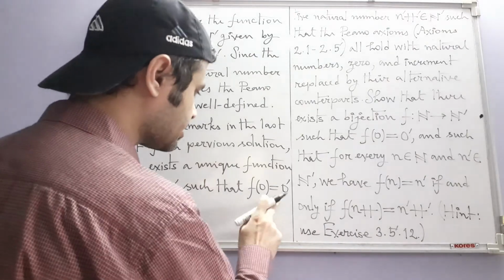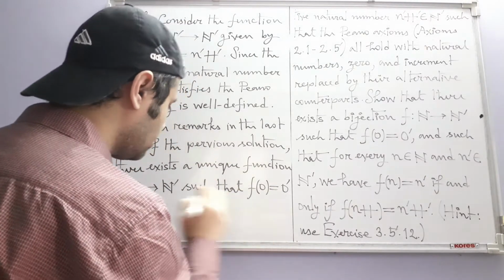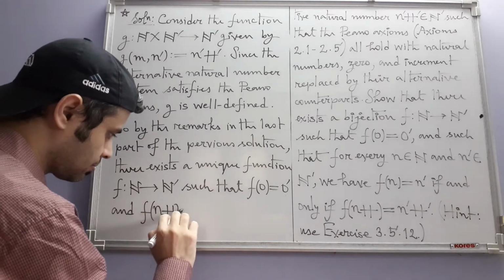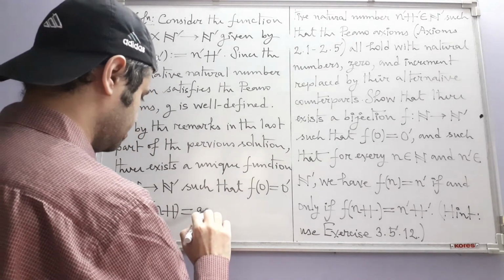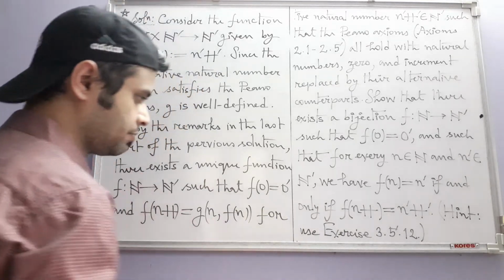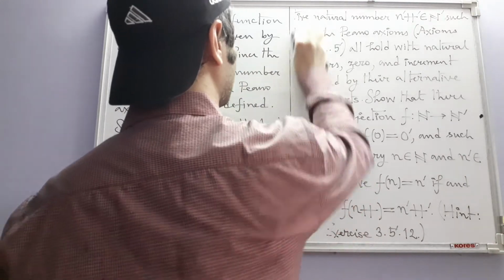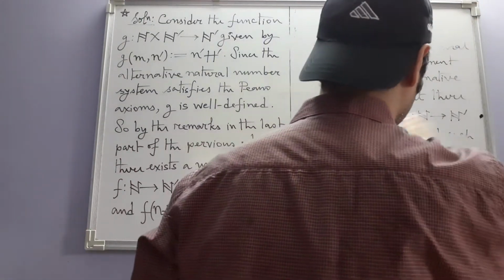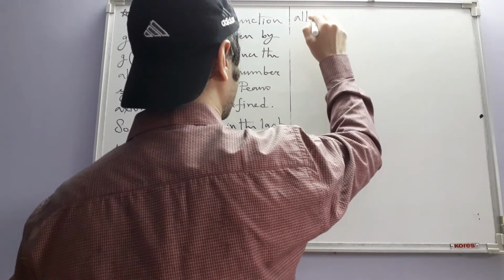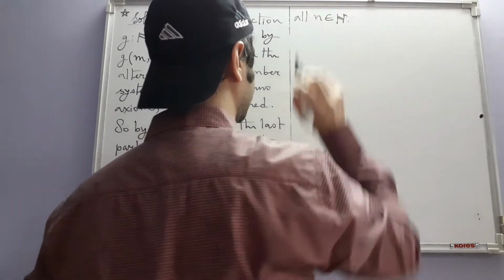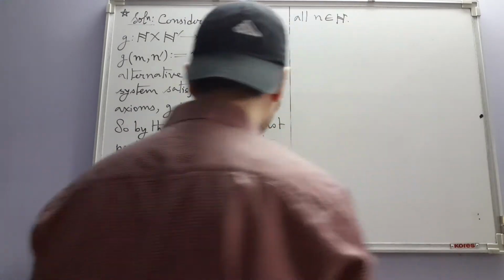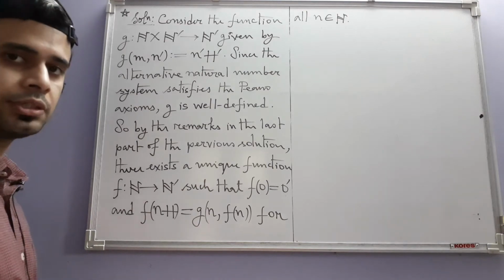Okay, c can be chosen to be any element from this set, and f of n plus plus is equal to g of (n, f of n) for all n belonging to N. So we are getting this from the previous solution, but we have a specific definition for g. So according to that definition we will get something.